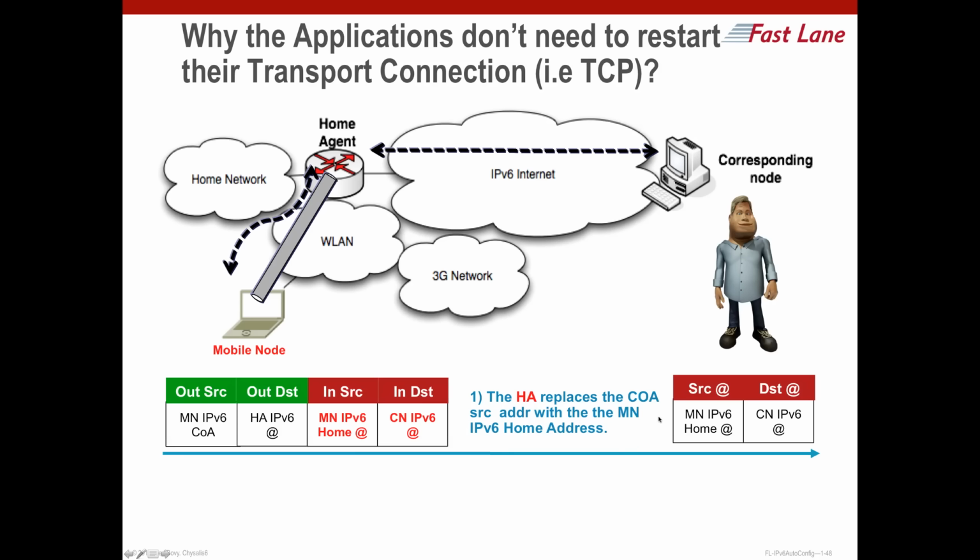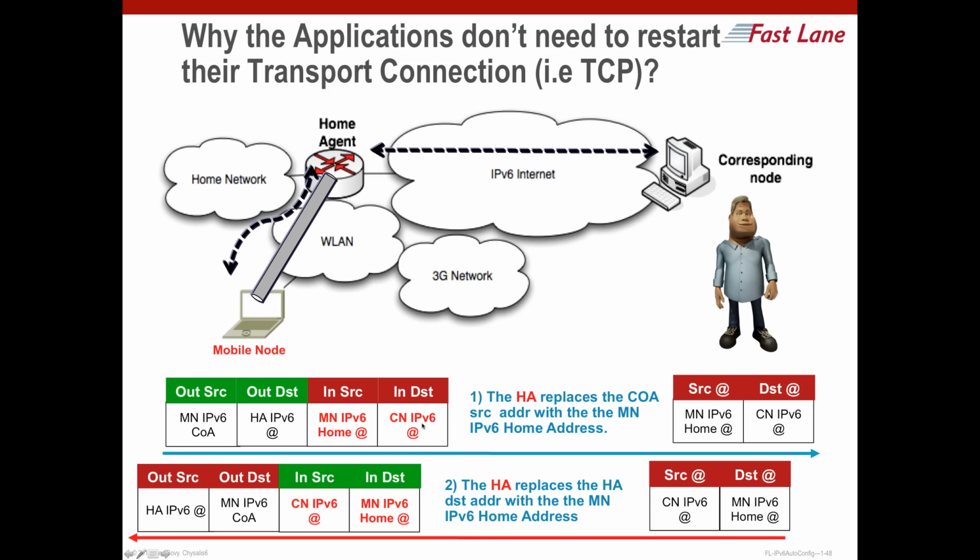So when the mobile node is sending traffic to the corresponding node, it encapsulates it within a packet it is sending to the home agent, but the packet inside has the source address, which is the mobile node IPv6 home address, and the destination is the corresponding node IPv6 address.